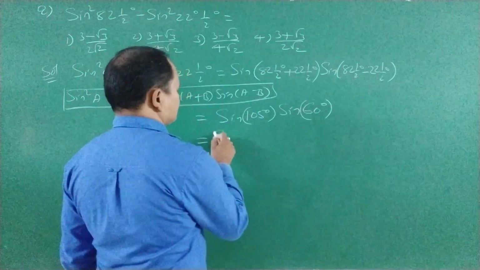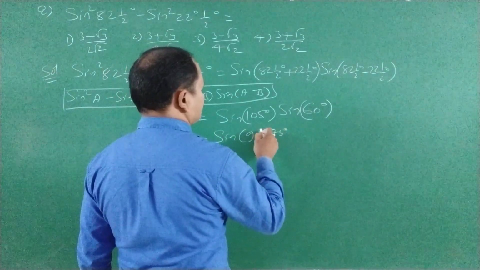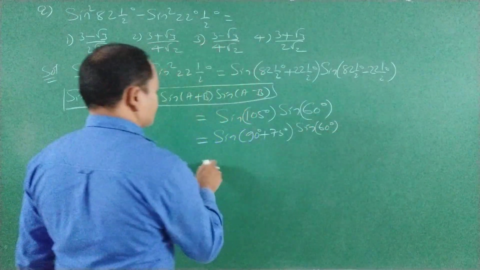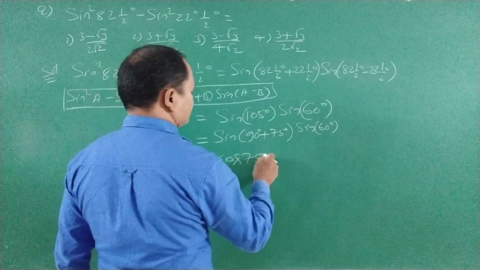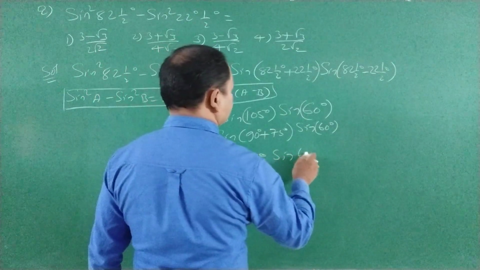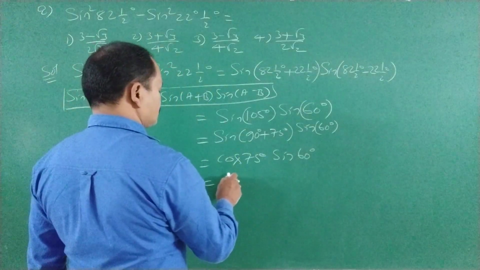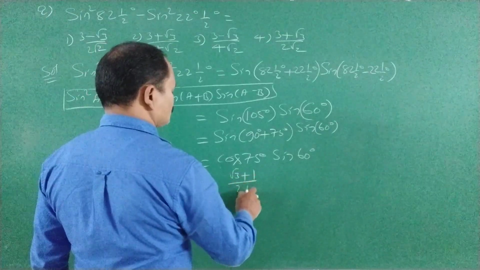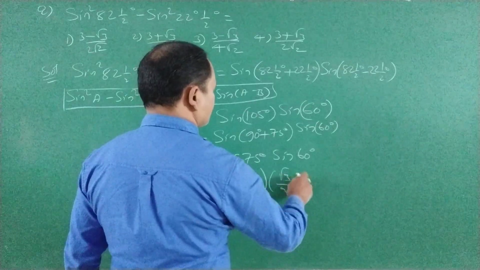Here it is sine (90 plus 75) degrees into sine 60 degrees. Sine (90 plus 75) is cos 75 degrees, and sine 60 degrees. So cos 75 degrees is nothing but (root 3 plus 1) by 2 root 2, and sine 60 value is root 3 by 2.